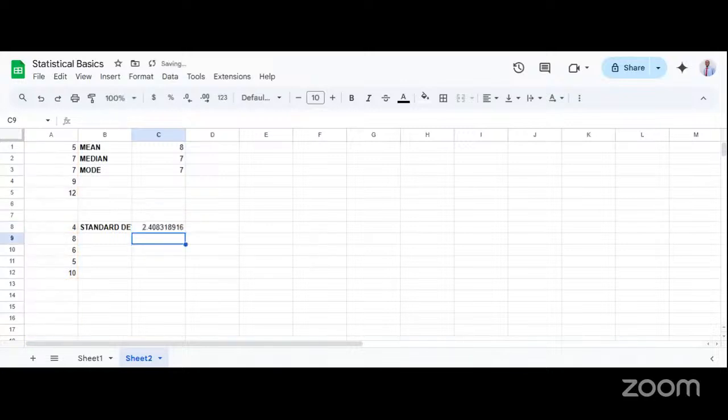If you input it, you see that our standard deviation is 2.4, meaning that it's still very low. So that's why these numbers are also closely linked to each other. They're very close to each other. So this is actually how to calculate mean, median, and standard deviation, which are the basic statistical techniques used for data analysis.